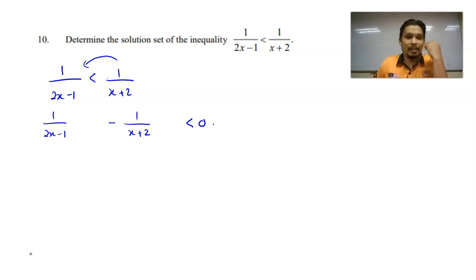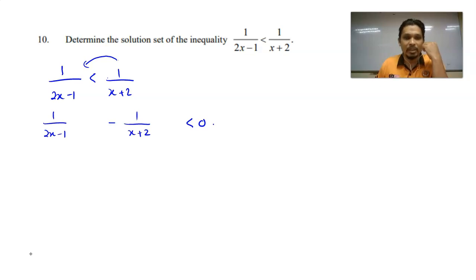Okay, and the reason I gave a space here and also here: look at every single fraction that we have, 1 over 2x minus 1 and 1 over x plus 2. Both of these are fractions, and the denominators are not equal.